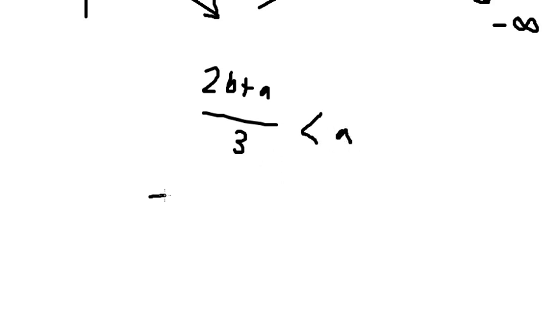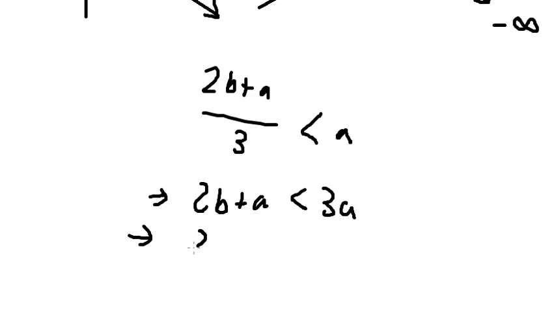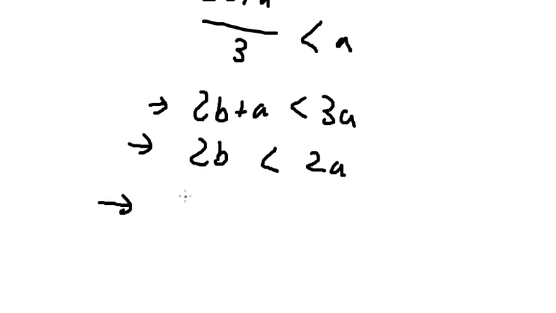So I will put number 3 to the right. Put a to the right. So 3a minus a, we have 2a. Now we have number 2.